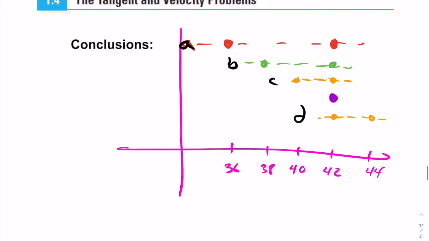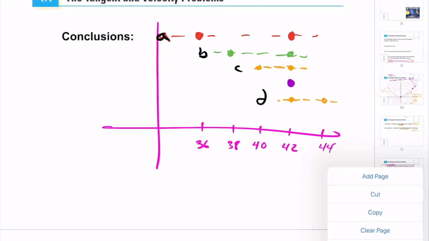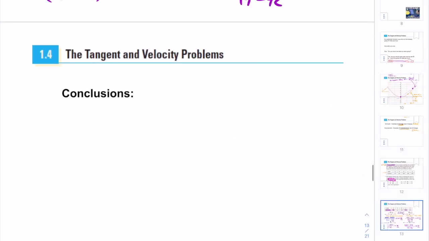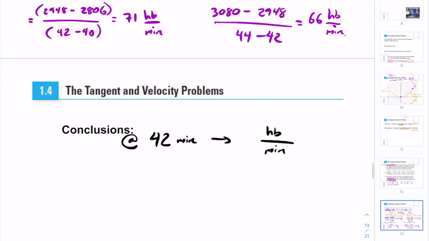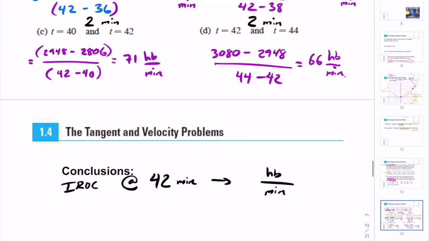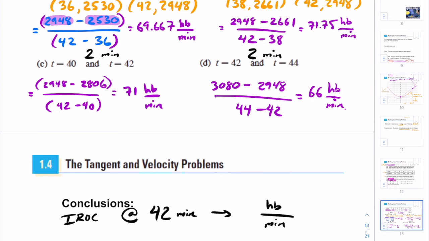So, here's what I want you to think about. If I want to know exactly how fast my heart is beating, or the rate at the 42nd minute mark, that is an example of an instantaneous rate of change. And the best estimate I could use is either part C or part D, because they're equally distant.